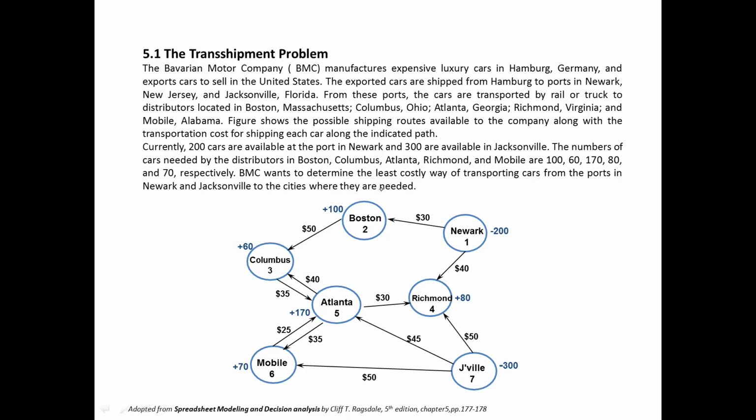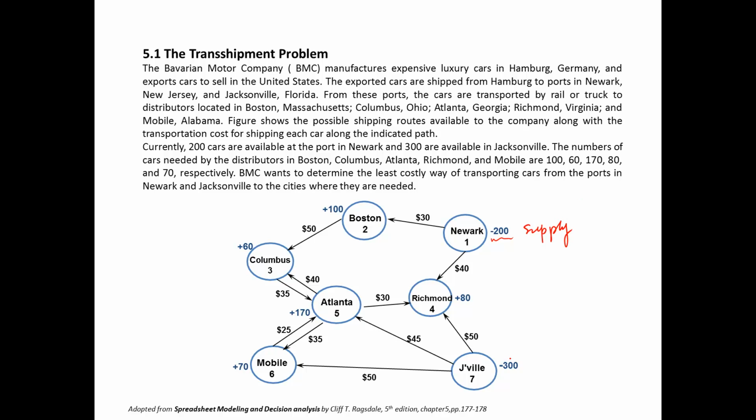Okay, and this figure shows the possible shipping routes available to this company, along with the transportation costs for shipping. And currently, there are 2 cars available at the port in Newark. Okay, so as we said, this negative number here represents the supplies.